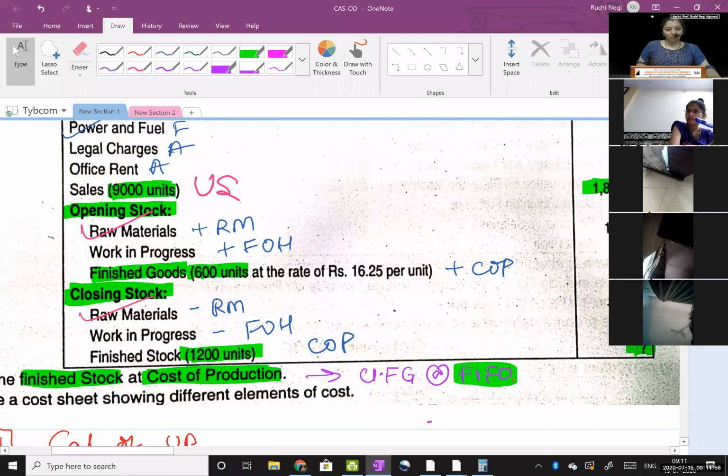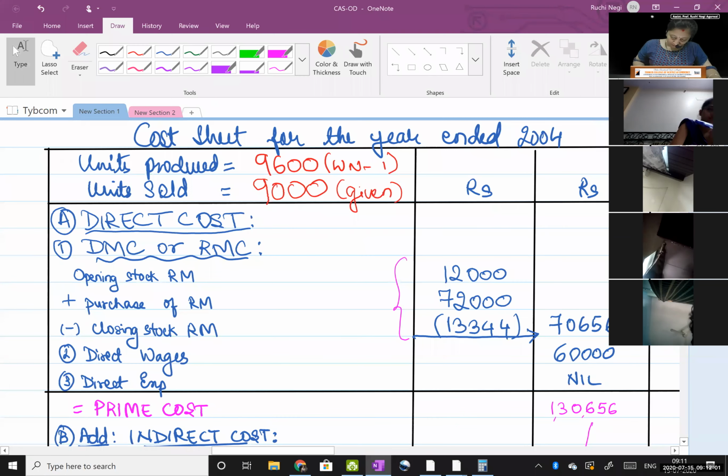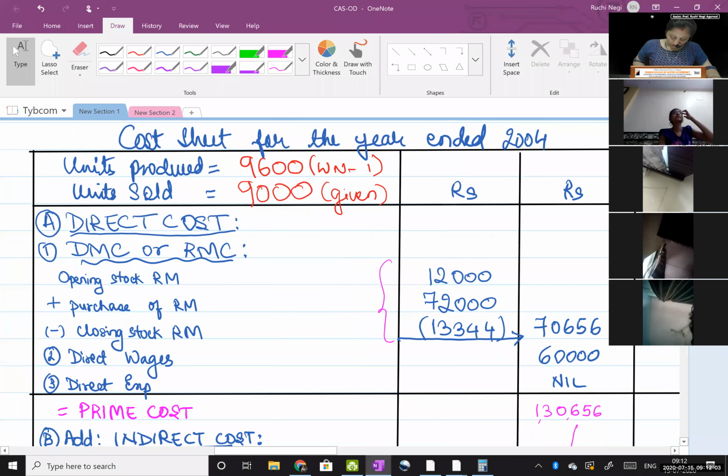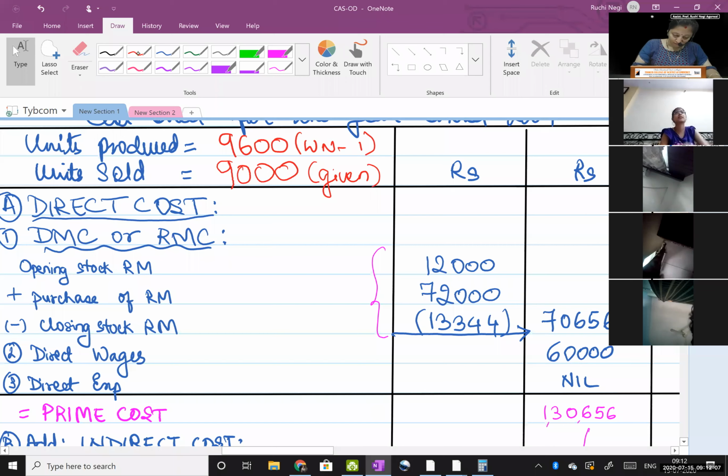That's it, only these items. So write it down here. Opening stock of raw material, 12,000. Purchase of raw material, 72,000.